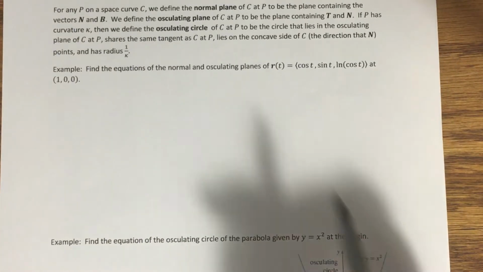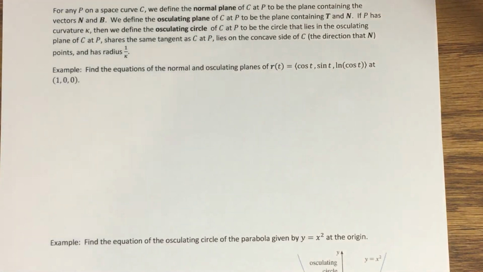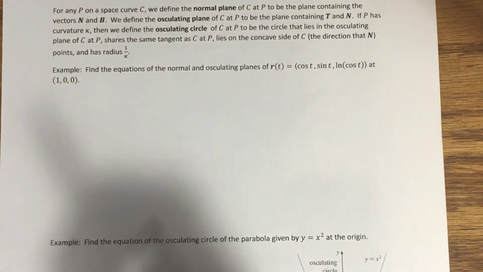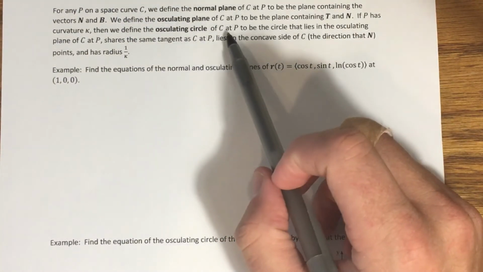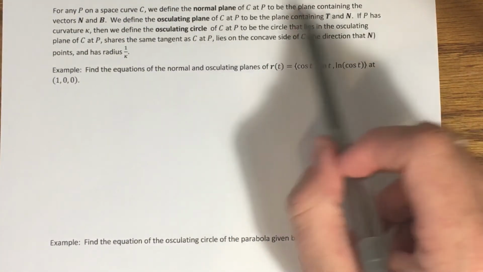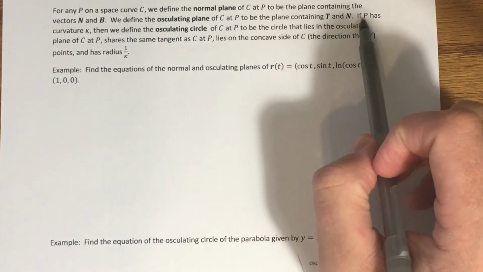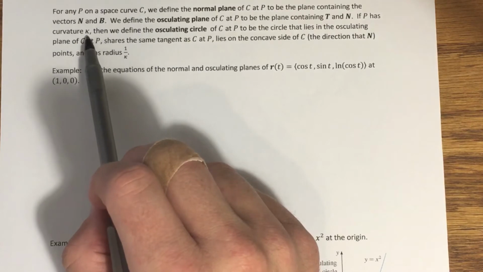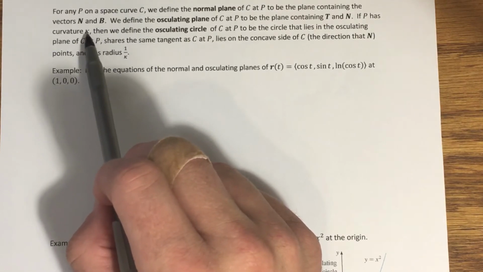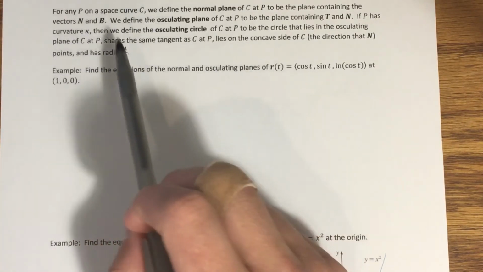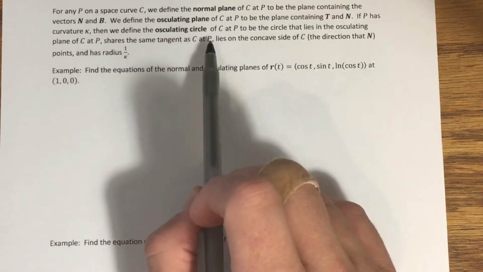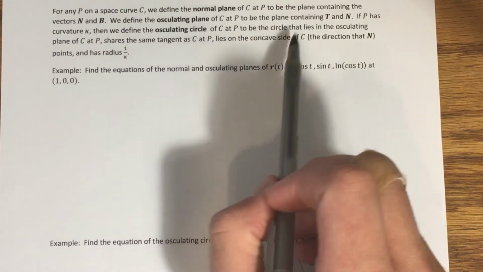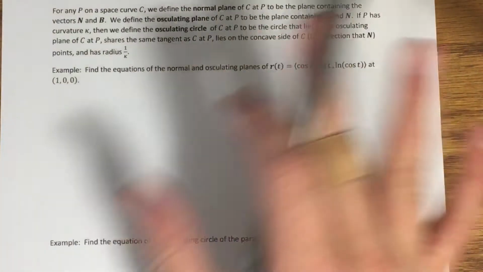Now, within the osculating plane is an important circle. We call it an osculating circle, and its definition has a lot of things to go through. If you have a point P on a space curve, and we know its curvature, then we define the osculating circle of C at P to be the circle that satisfies this list of things.